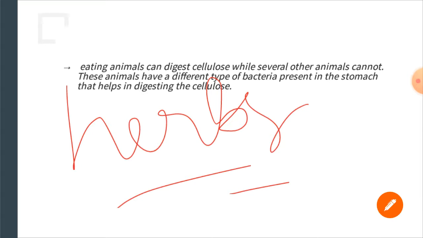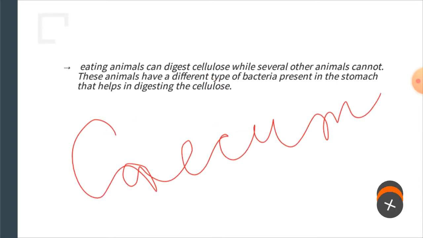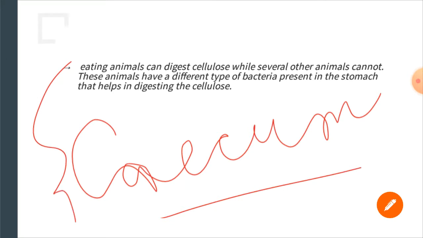Okay, I hope you have understood. So animals like horses, rabbits, other animals, now this is important, okay. In the animals, horses, rabbits, there is another type. These are also grass eating animals, right?